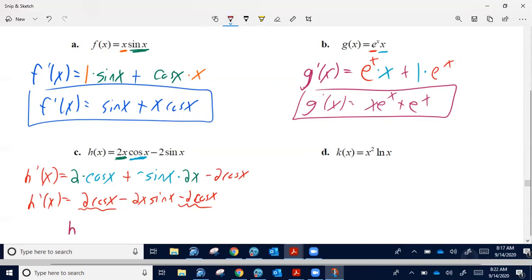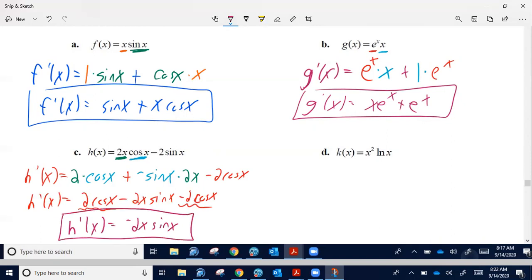And we end up with h prime of x is negative 2x sine of x. So I had a product rule with this 2x cosine x because I had two x values multiplied together, and then a subtraction sign separating things. Addition and subtraction always separate terms. A separate problem of 2 sine of x is just a normal derivative from the other day.